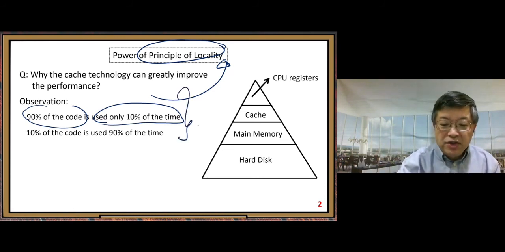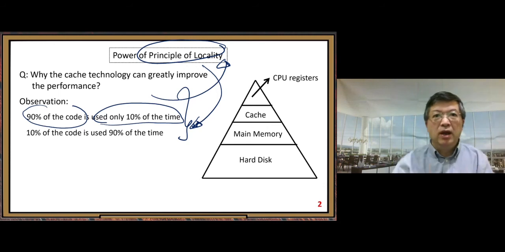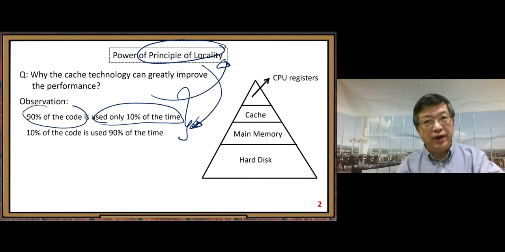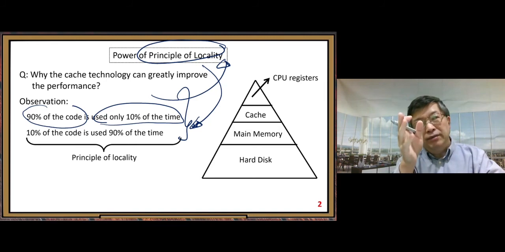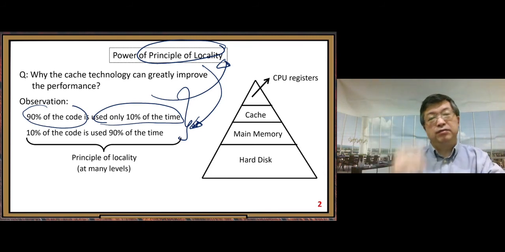If you use the principle of locality, you can understand this phenomenon easily. So we observe this phenomenon, and now we want to take advantage of it so we can enjoy a good result. This kind of phenomenon, due to the principle of locality, occurs at all these levels, for example between memory and hard disk, between cache and memory, and so on.